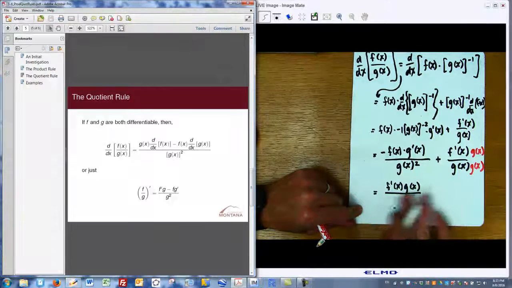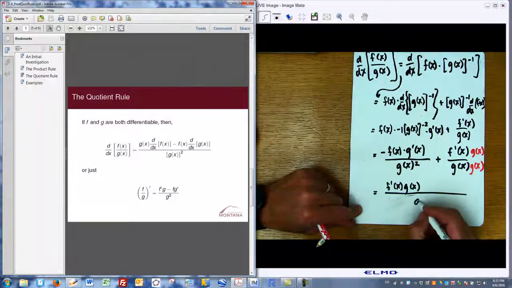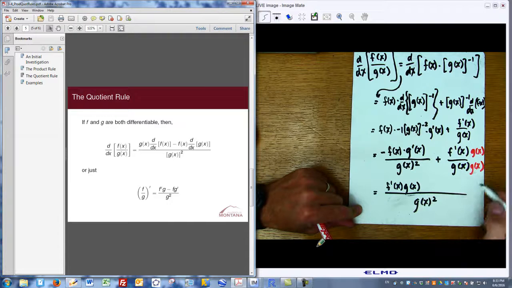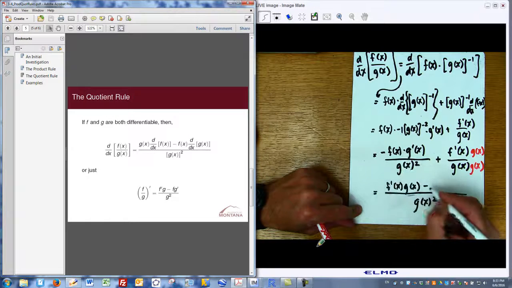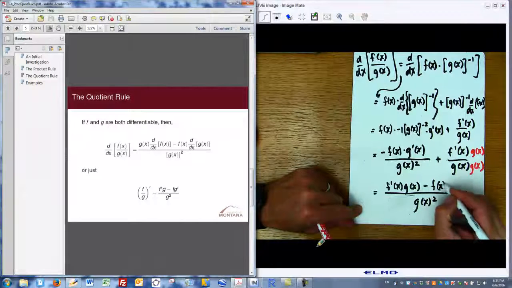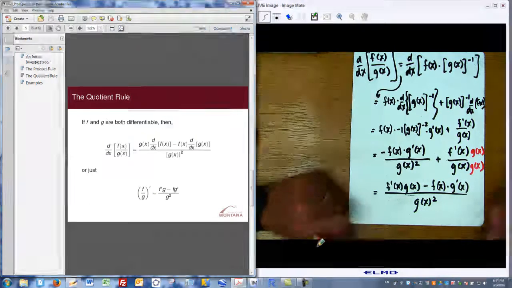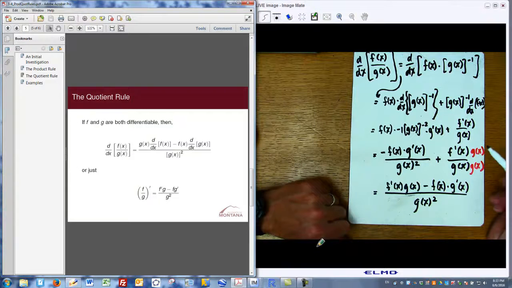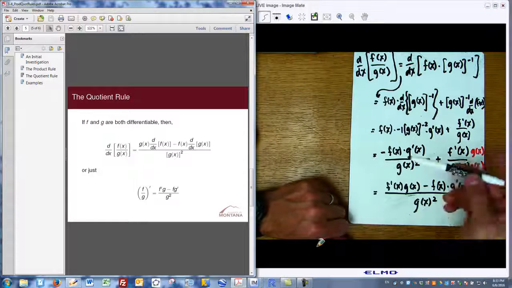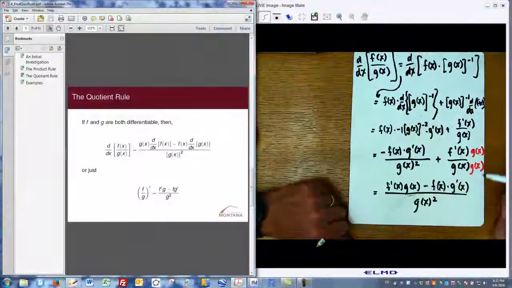Sorry, we're putting it all over a single g of x squared since we've got a common denominator. And then I take minus f of x times g prime of x. And that indeed is the quotient rule, the rule that's displayed there on the other side of the screen.